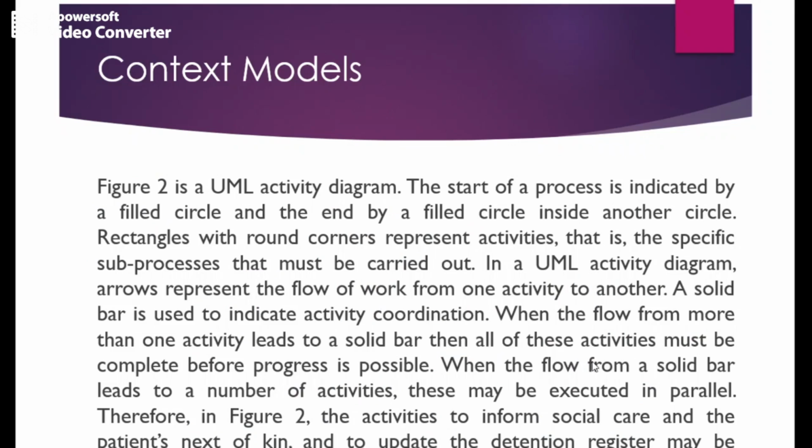Then all of these activities must be completed before progress is possible. So the flow of work from more than one activity results in a solid bar, so that all activities must be completed before progress is possible.